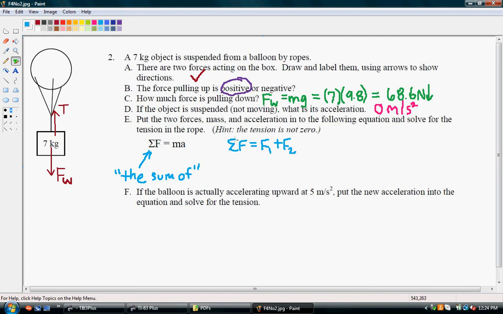Now, if we know that the sum of the forces is F1 plus F2, and we also know the sum of the forces equals mass times acceleration, what we can do is set these equal to each other. Therefore, the first force plus the second force equals mass times acceleration.